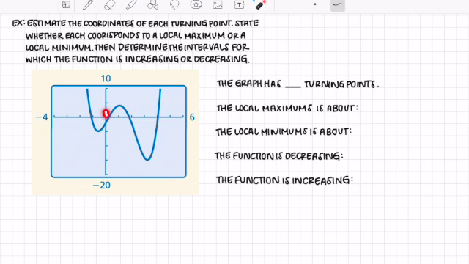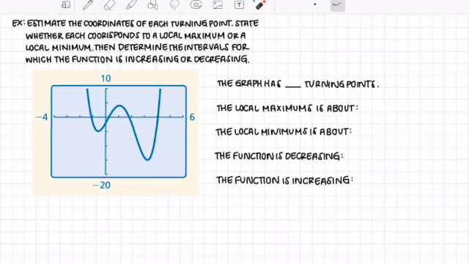The range for this one is up to 10, so this would be considered 5, and this would be considered 10. Over here is 5, 10, -5, -10, -15, and -20. On the side, we have 1, 2, 3, 4, 5, and 6.